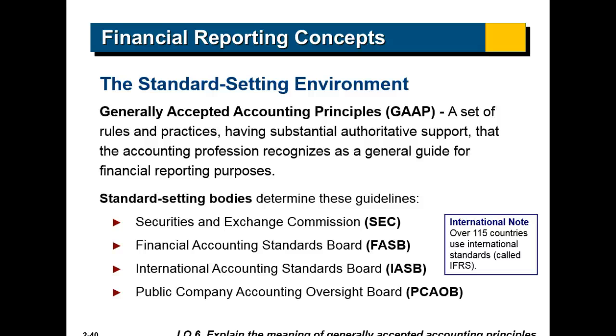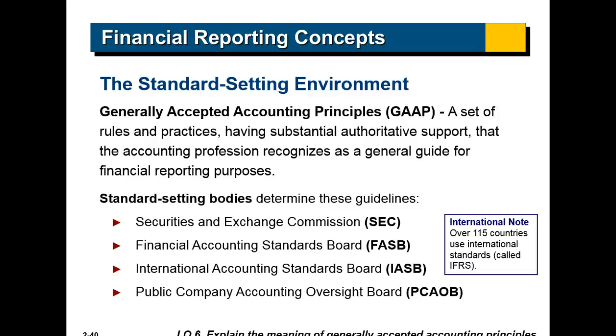GAAP, or generally accepted accounting principles, are the guidelines that accountants must adhere to in order to provide financial statements. So they are basically the authority that the accounting industry uses as a guide for reporting financial statements. Now, there are other bodies that we have to adhere to.